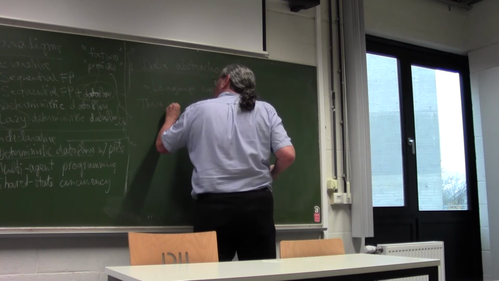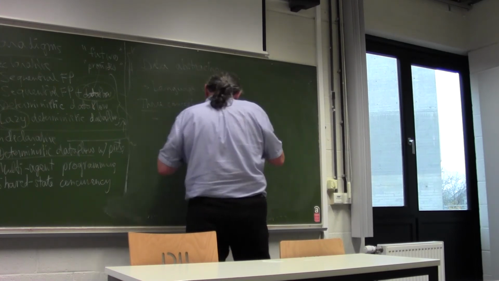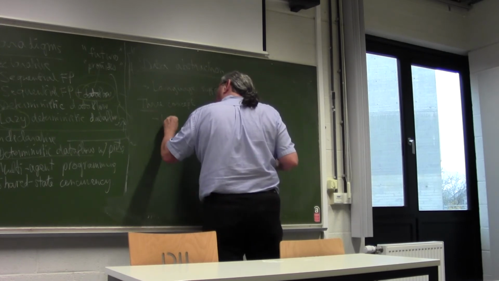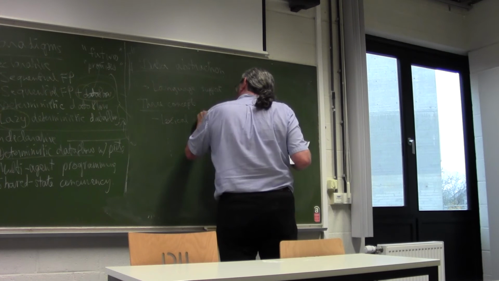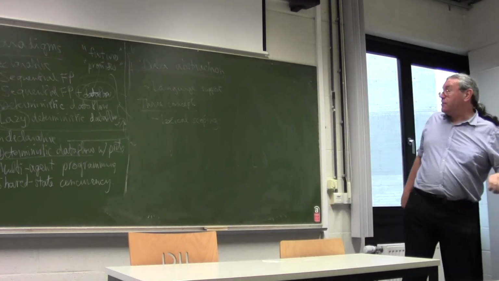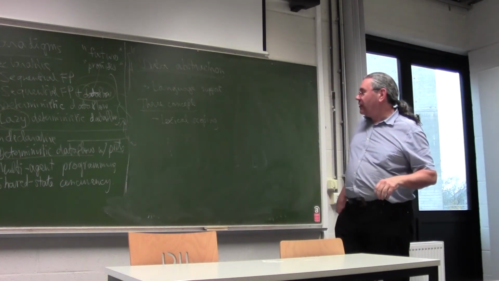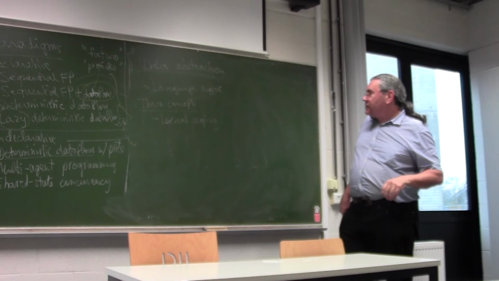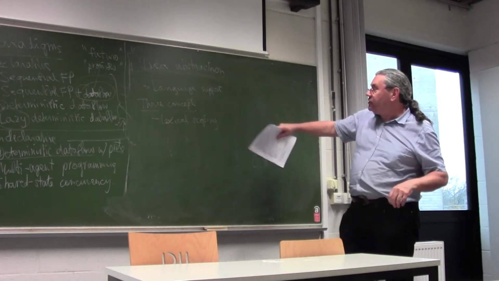We have three concepts in the language that support this. The main one is lexical scoping. This took a long time to get accepted. In the 1960s, this was not known. It started becoming known in the 1970s.